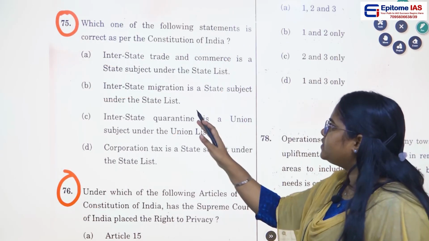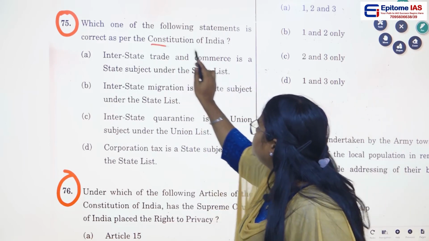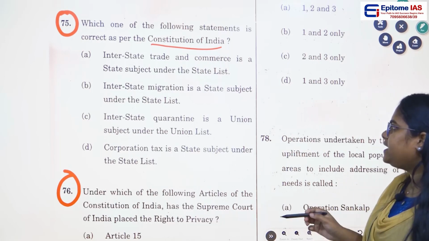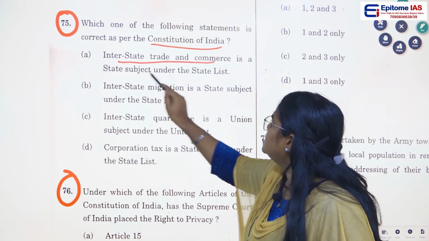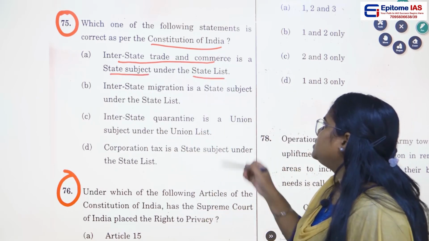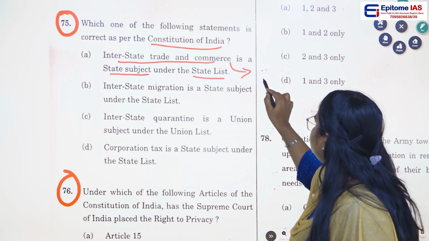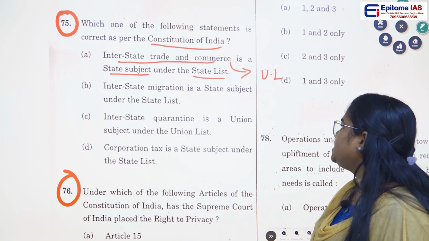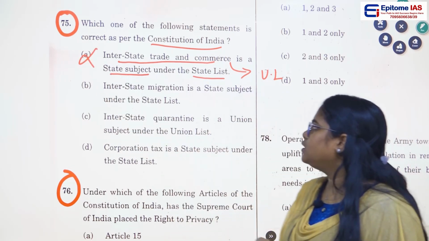So we have the next question. Which one of the following statements is correct as per the Constitution of India? Statement A, interstate trade and commerce is a state subject under the state list. No, interstate trade and commerce is actually related to the union list. It is not related to the state list. So this particular statement is wrong.